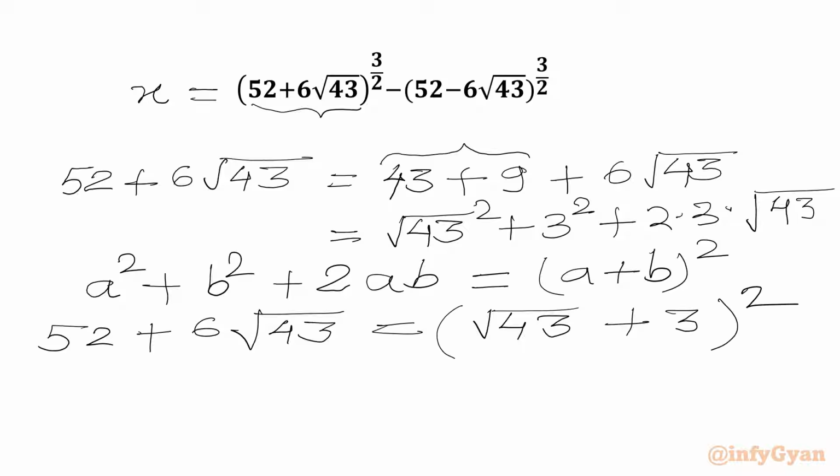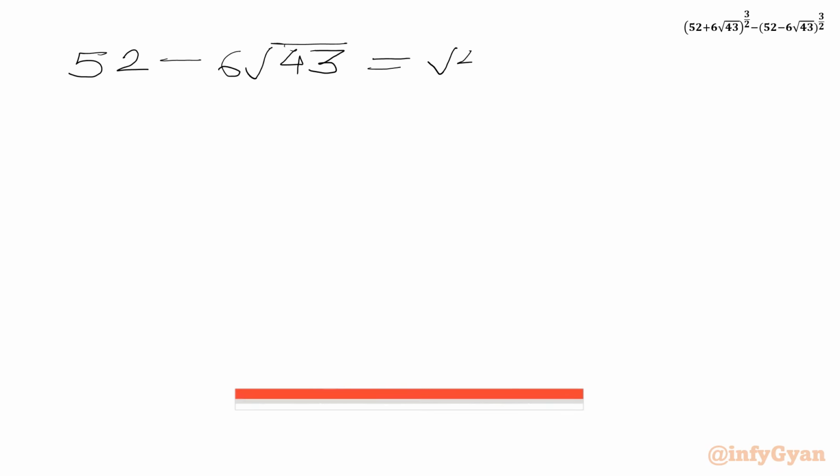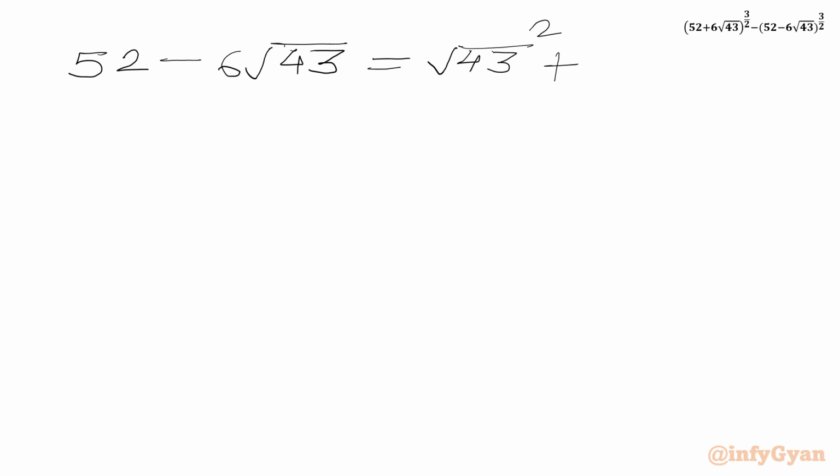In the similar way, we can find 52 − 6√43. This will be equal to (√43) whole square plus 3 whole square minus 2 times 3 times √43.